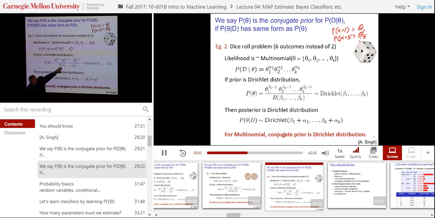I would just say that what it does is it makes sure that if you integrate over all the possible values of theta 1 through theta k, if you take away this denominator, you need that, in order for this to be a probability distribution, the integral over all possible values of these k parameters has to integrate to 1, probability mass 1 total.